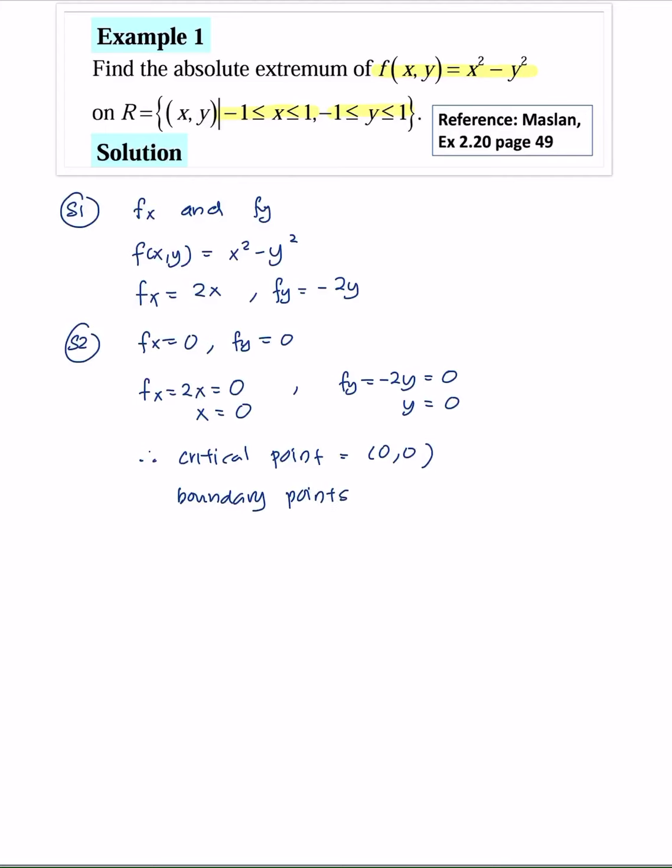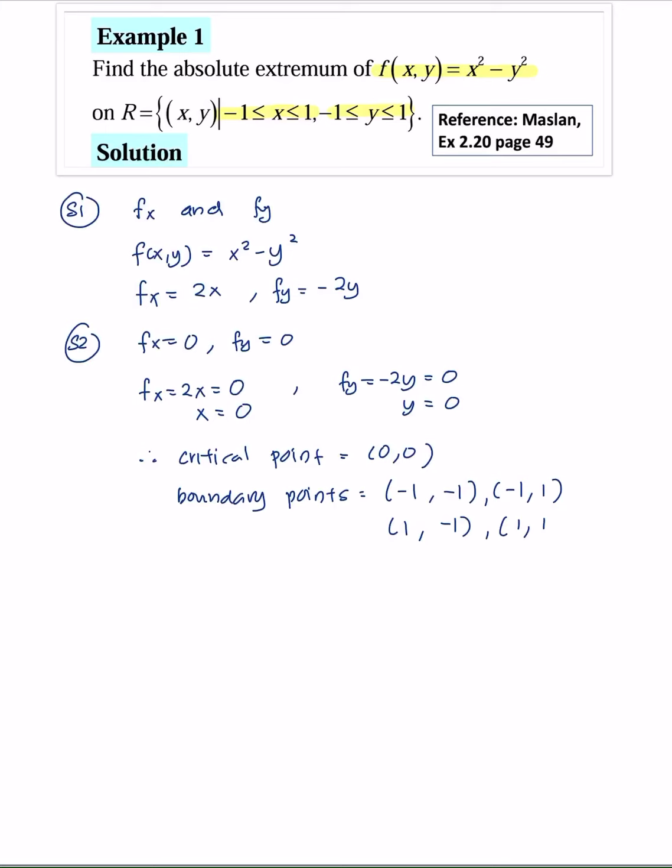For the boundary points we have x from minus 1 to 1 and y from minus 1 to 1, so we need to consider all possibilities. For example, x is minus 1, y can be minus 1, and also from minus 1, y can be 1. If x is 1, y can be negative 1, and for x is 1, y can be 1.